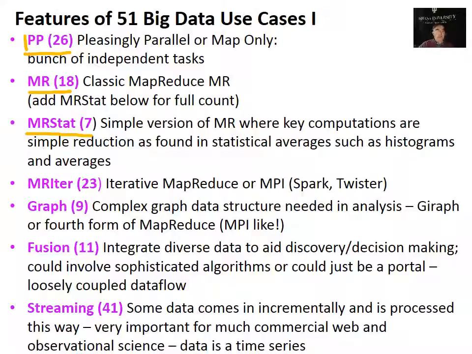We have the MapReduce feature, that the items can be analyzed by MapReduce. And we divided MapReduce into two types, the broadest type of MapReduce and a simpler type of MapReduce, where effectively the so-called reduction operation, which gathers the data after the independent maps have done their thing, is simple statistics, adding things together.